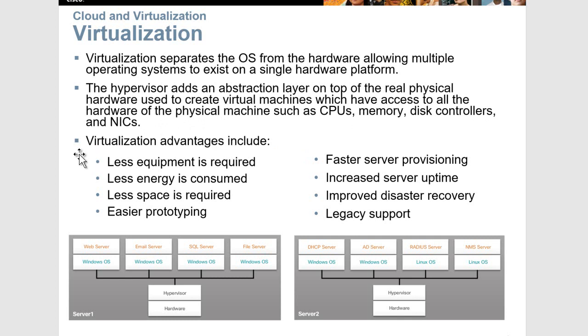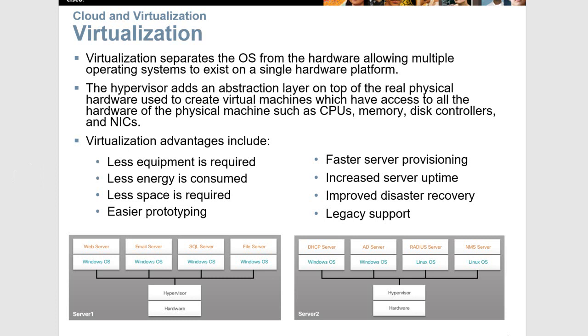All right. Virtualization advantages include less equipment. Like I just said, you could run multiple servers on one single piece of equipment, so you're going to have less equipment involved.